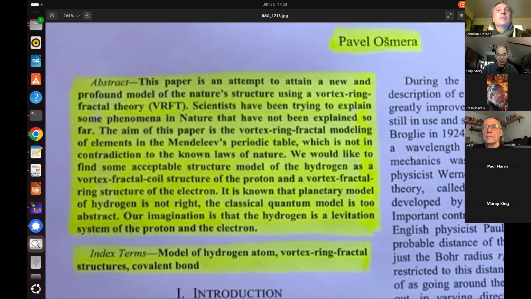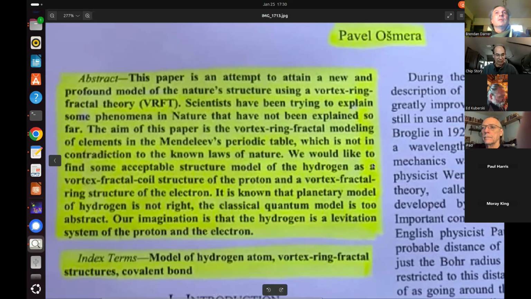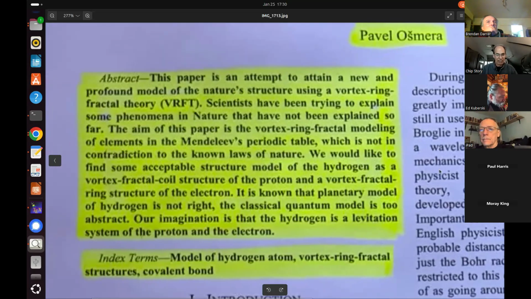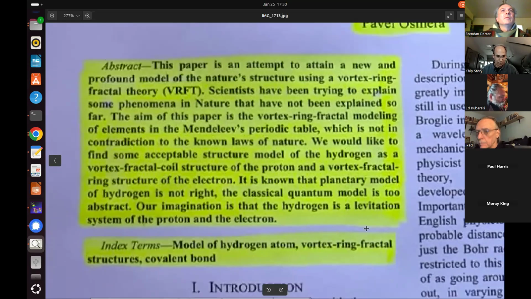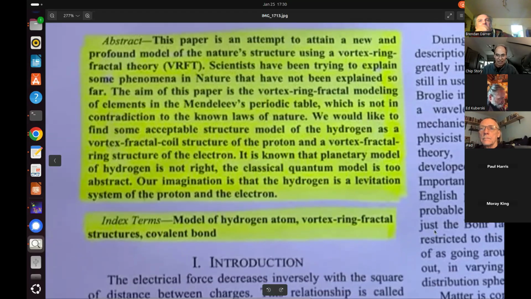The aim of this paper is the vortex ring fractal modeling of elements in the Mendeleev's periodic table, which is not in contradiction to the known laws of nature. We would like to find some acceptable structure model of the hydrogen atom as a vortex fractal coil structure of the proton and a vortex fractal ring structure of the electron.